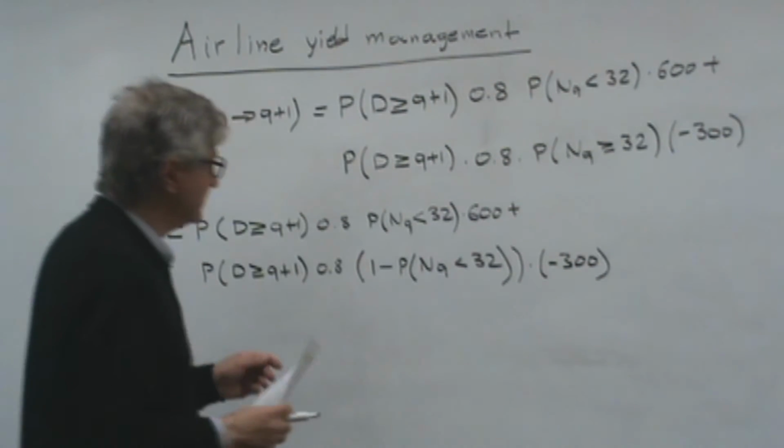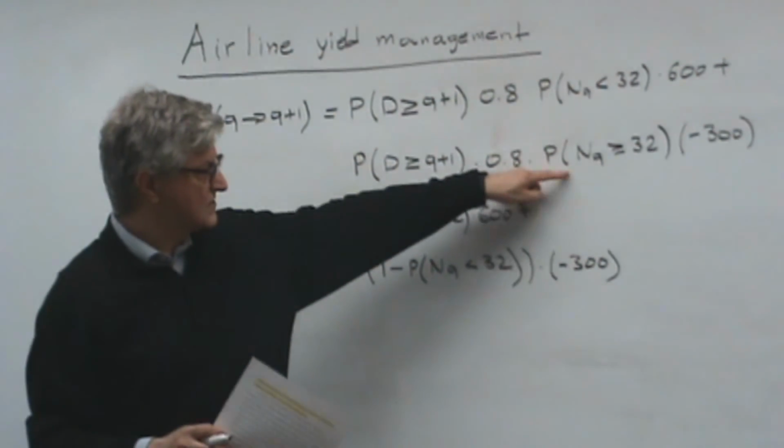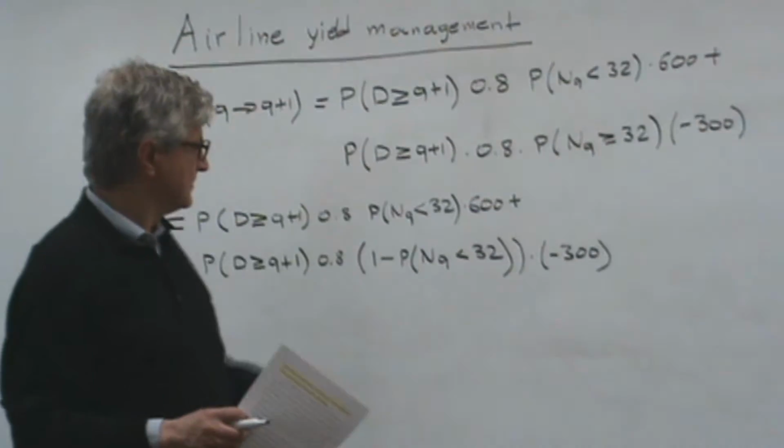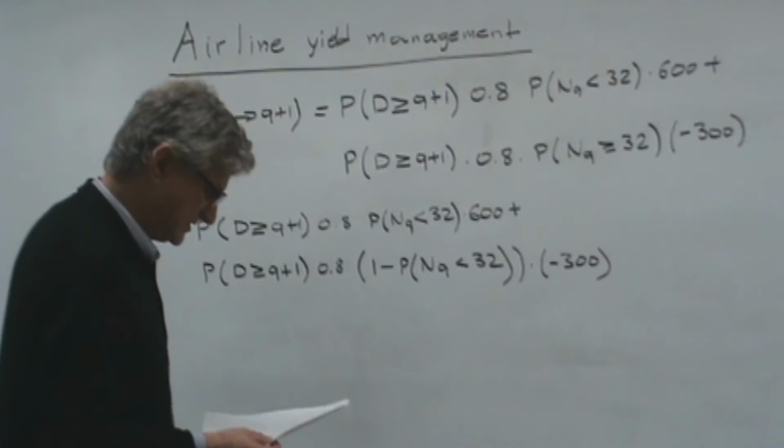So all we did, compared to the previous equation, was express the probability by 1 minus the probability of the complement.